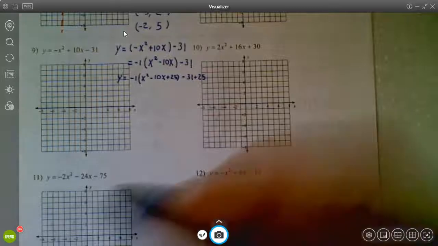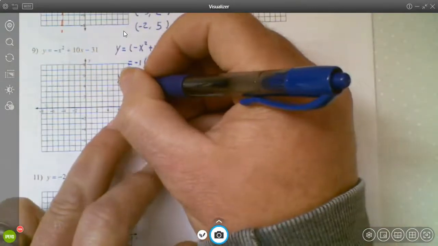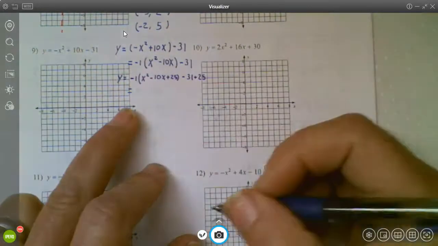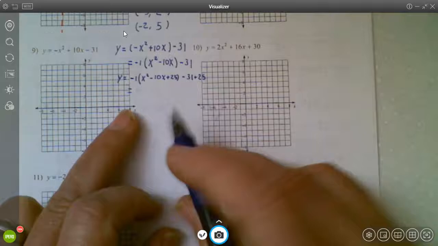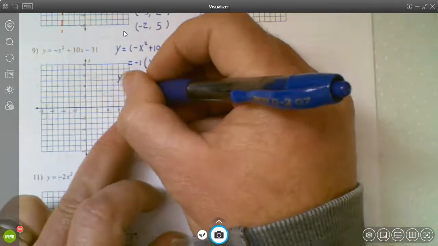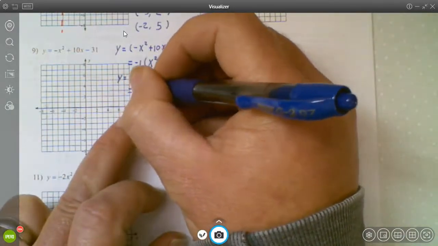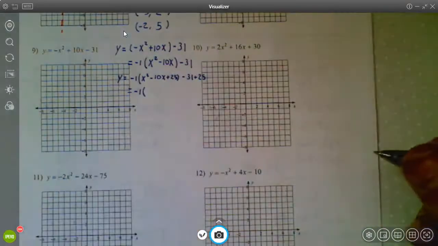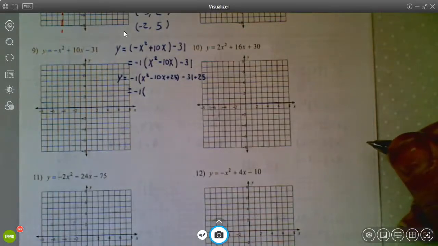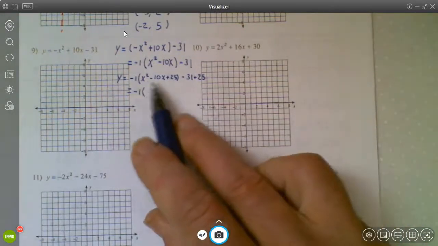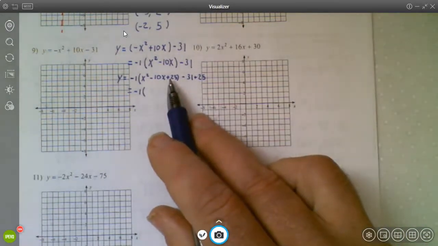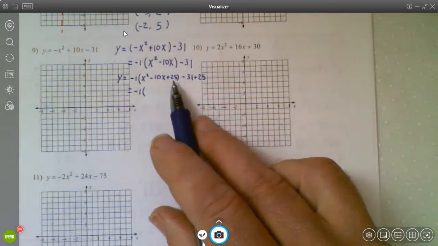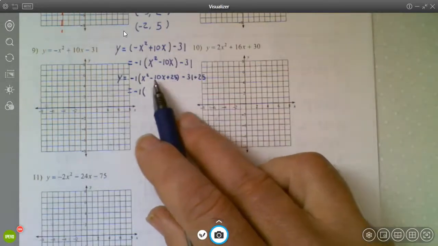So let's do a little cleanup here. Hopefully I'm not running into my graph. We'll see how this goes. So I got the negative 1 out front, which you don't have to put negative 1. You could just put a negative symbol, but I just like putting the negative 1 there. I think it's a little more clear. This now is a perfect square that needs factored. So what are two numbers that multiply to be 25 that add to be negative 10?